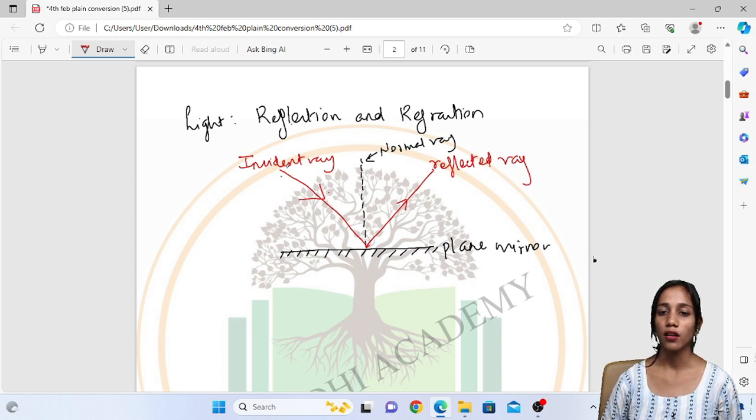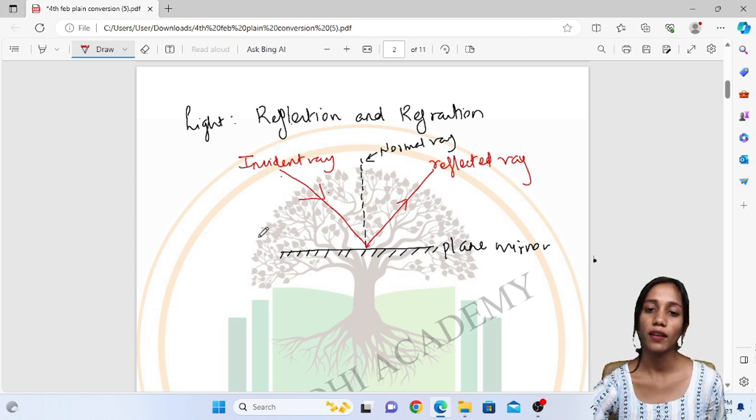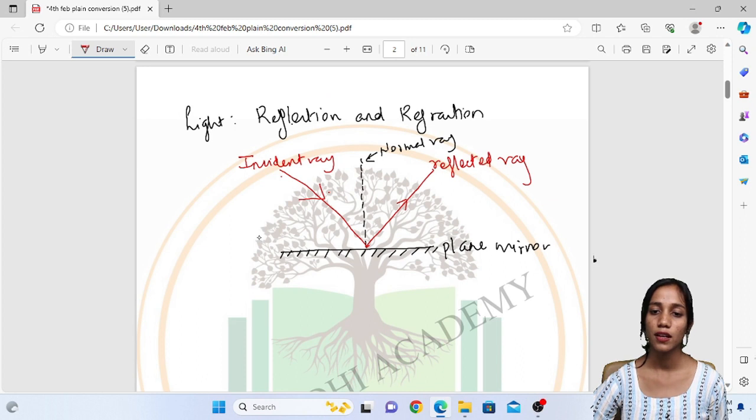Now the incident ray meets the normal ray over here, so it forms an angle with the normal ray. That angle is called theta. Also the normal ray forms an angle with the reflected ray. That is also theta.